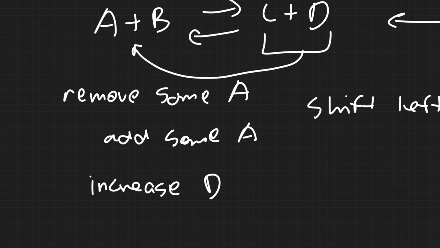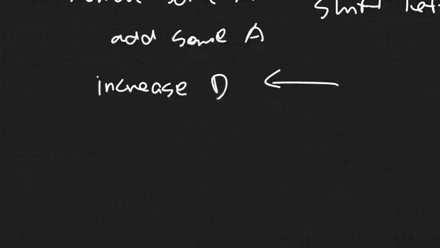So if we're increasing D, we want to get rid of some of it. So essentially then we're going to shift left, because in order to get rid of the extra D that has been added in, we need to shift to the left and convert that into reactant. So that's change in concentration.